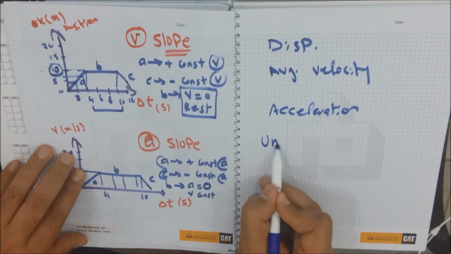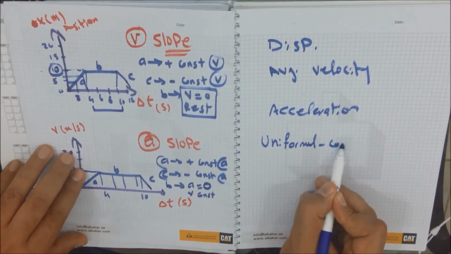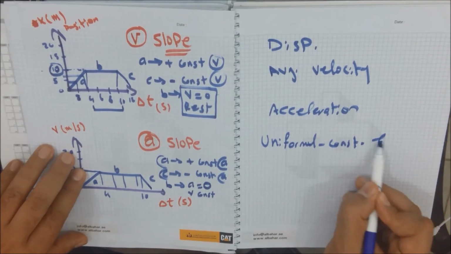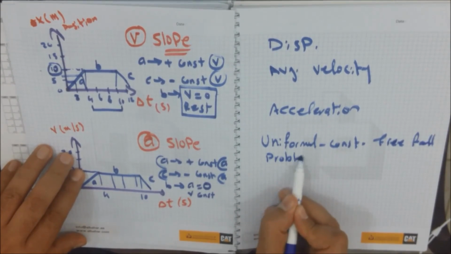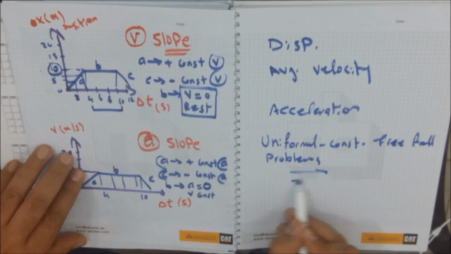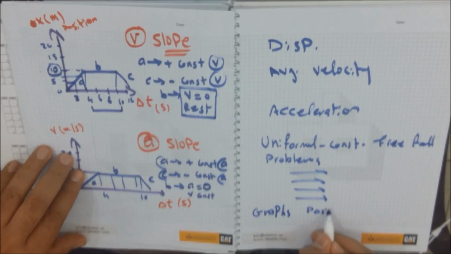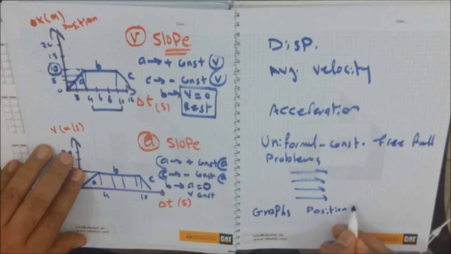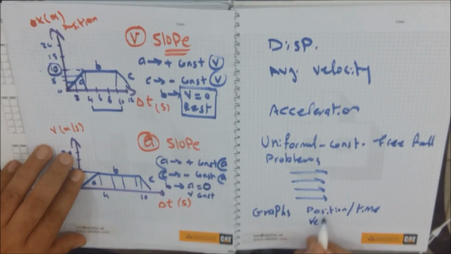And then we discussed the uniform or constant or free fall problems by using the four kinematic equations, and we discussed the graphs: position time graph and velocity time graph.